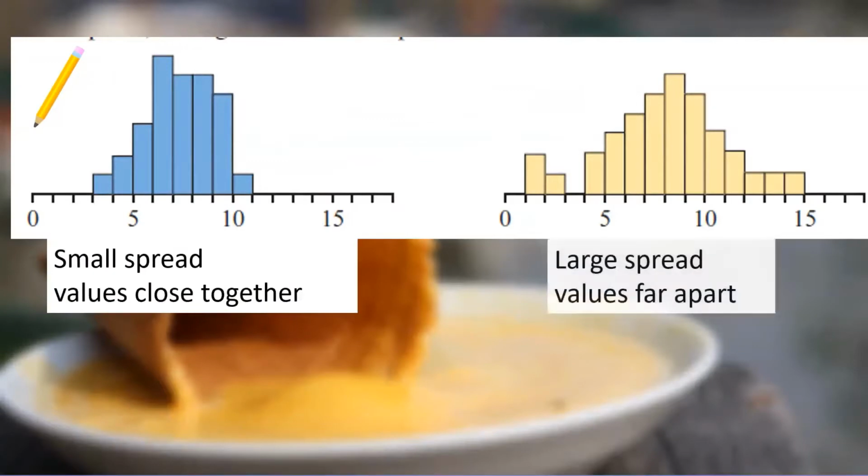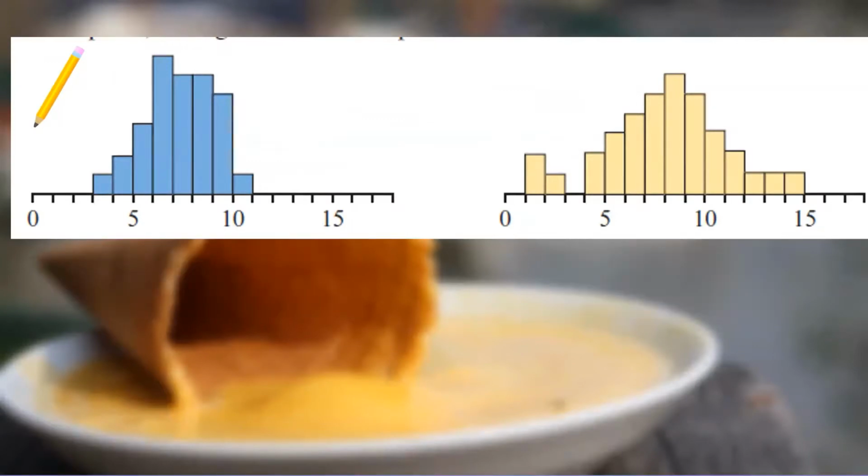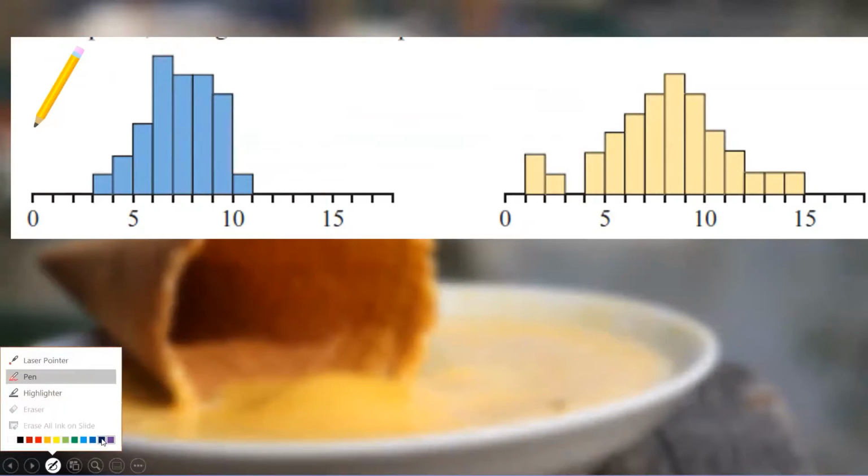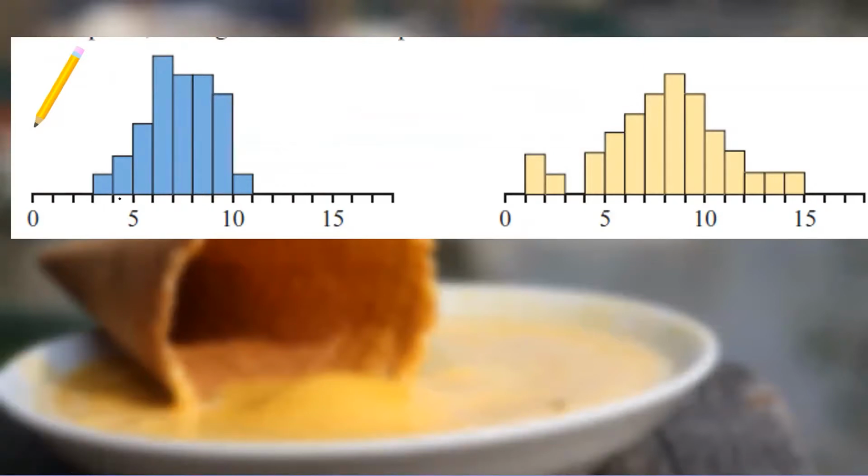Now, both of these graphs are symmetrical, right? They don't look super symmetrical, especially this blue one on the left. But if we look at this blue on the left, its smallest value is about 5 and its largest value is up here at 11.